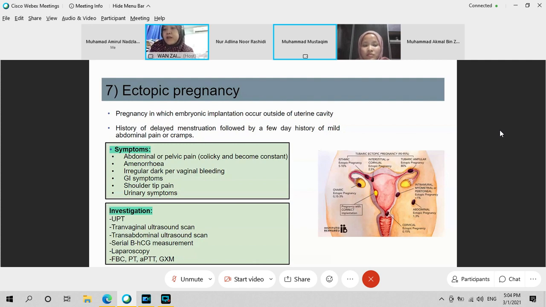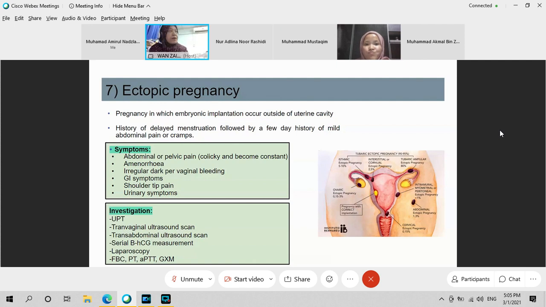That is why it is very important to get the complete history in a lady in the reproductive years. A 60-year-old is postmenopausal, so not needed. In the reproductive age, you have to exclude ectopic pregnancy because it has high mortality. It's not for nothing, that's why you have to ask.